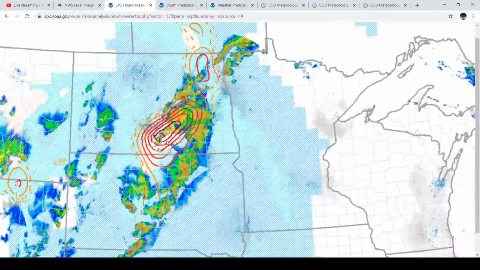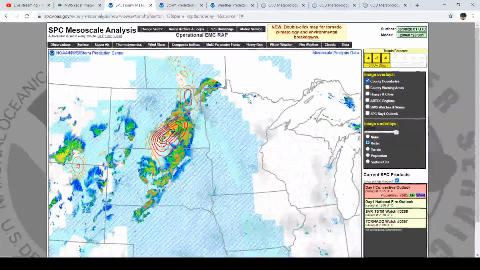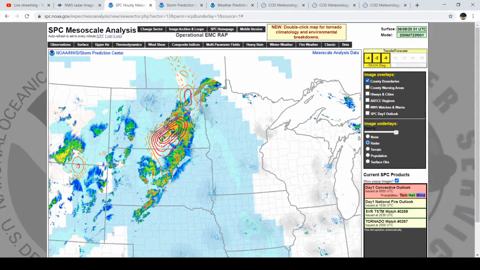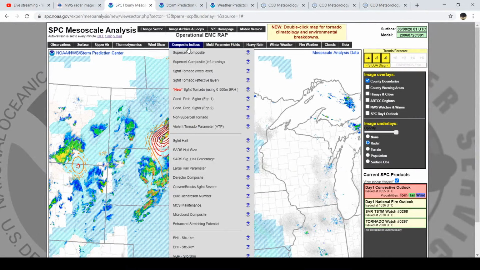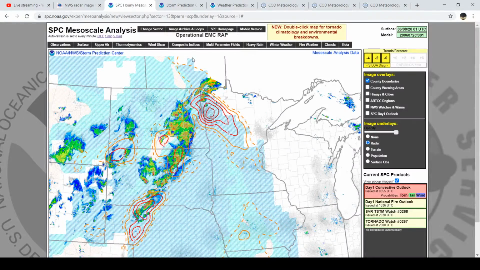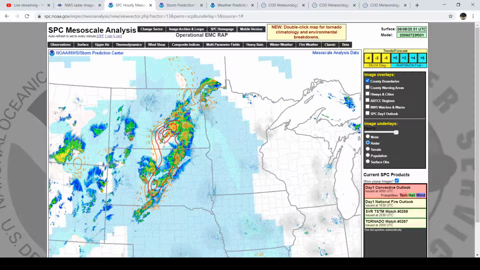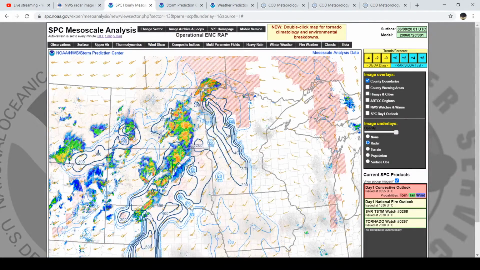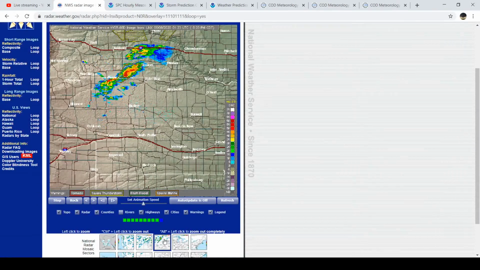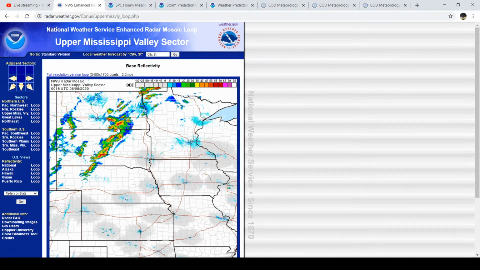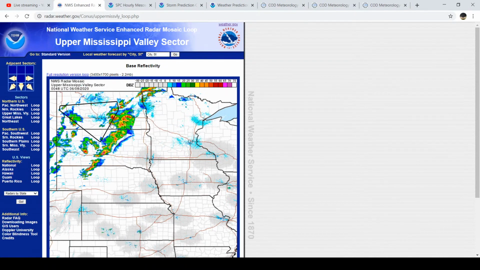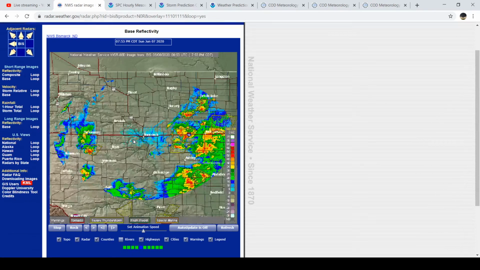Wow. The violent tornado parameter of a 7 back in here, which is exactly where there's very little convective inhibition right now. Seems as though if there's going to be another tornado warning, it would be in this area right here, where there's a pocket of no convective inhibition.